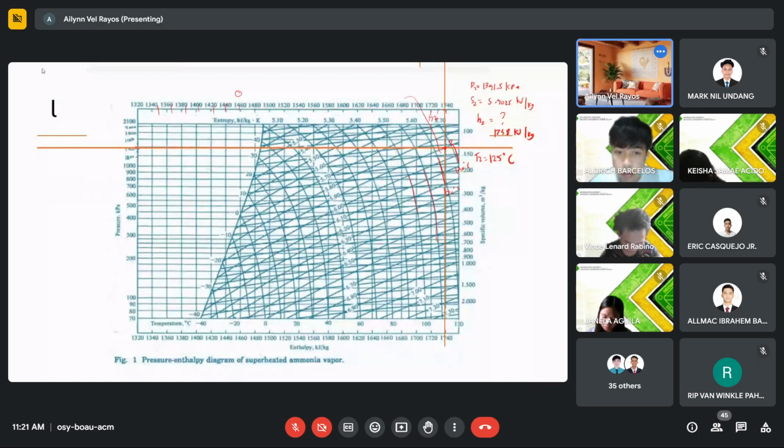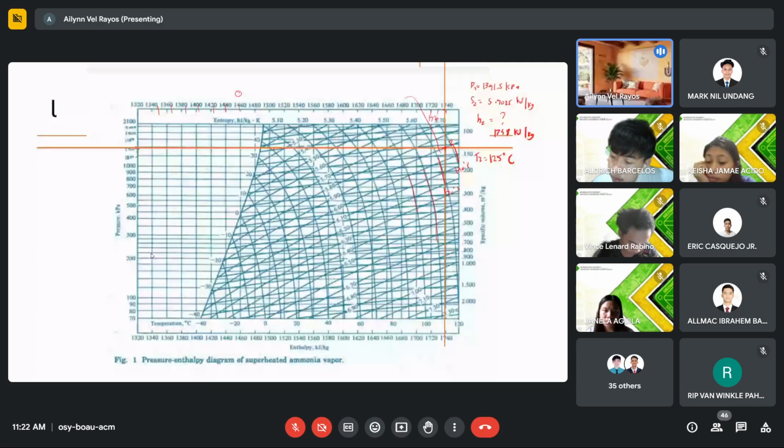Okay, any question? But again, you have to make sure na tama yung enthalpy, tama yung state points, and then i-analyze mo din. So, yung unit analysis, and then yung mga equations na na-discuss natin kanina.